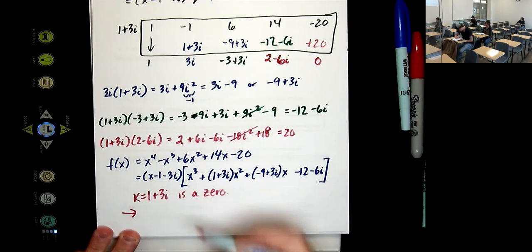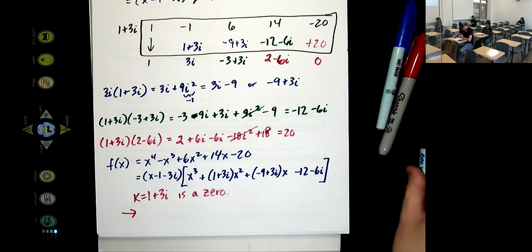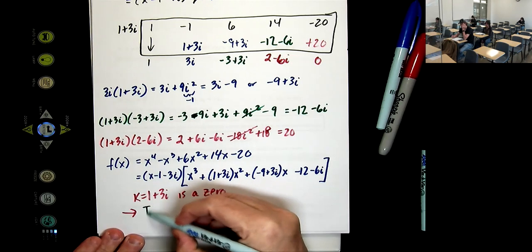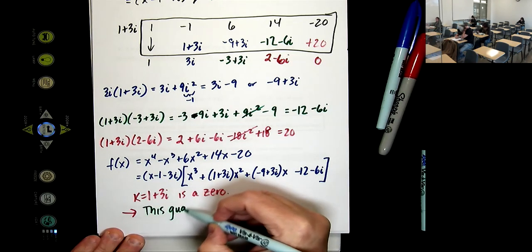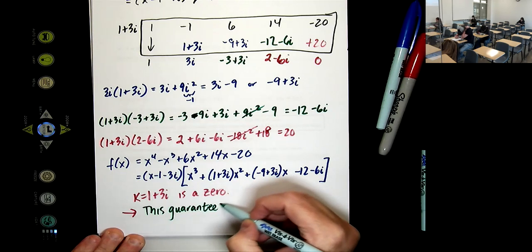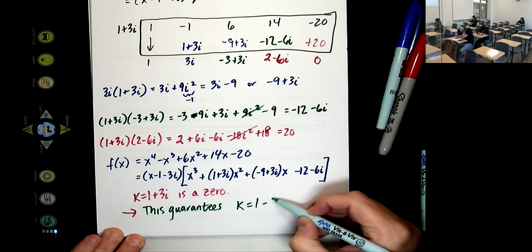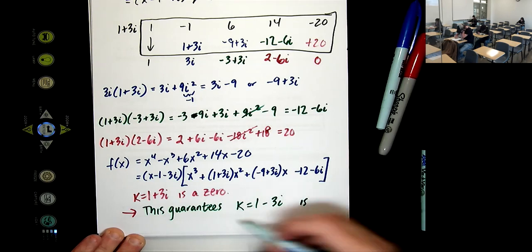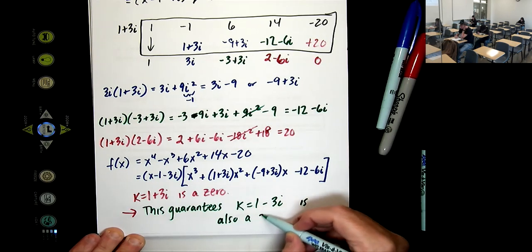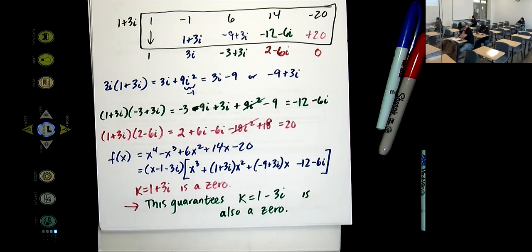As we will see either this week or next week, this guarantees that the complex conjugate is also a 0. That's some cool stuff that we'll do later on. Let's call it a wrap.